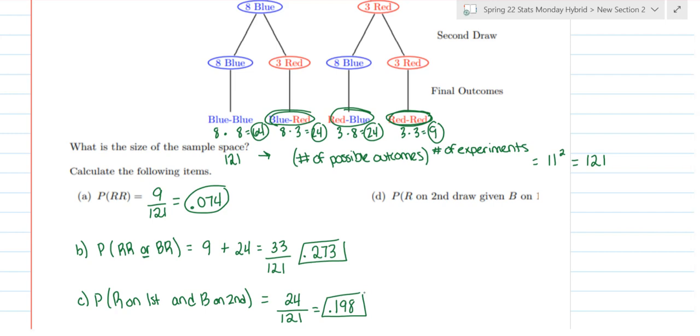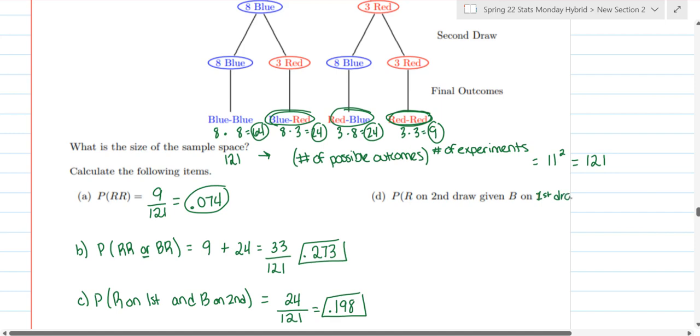Then part D, you have red on the second draw given blue on the first draw. With given, that restricts our denominator to only blue on the first draw. If I look at my tree diagram, I could get blue on the first draw here, so 64, and I could get blue on the first draw here, so 24.